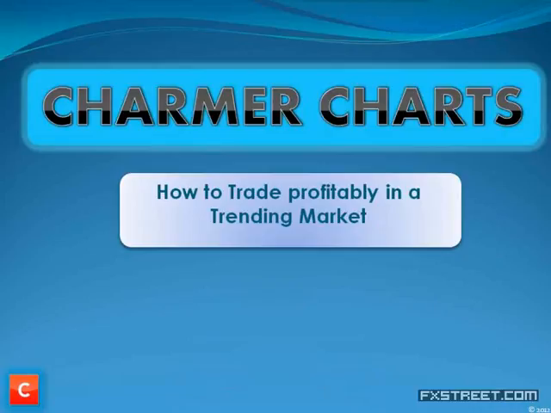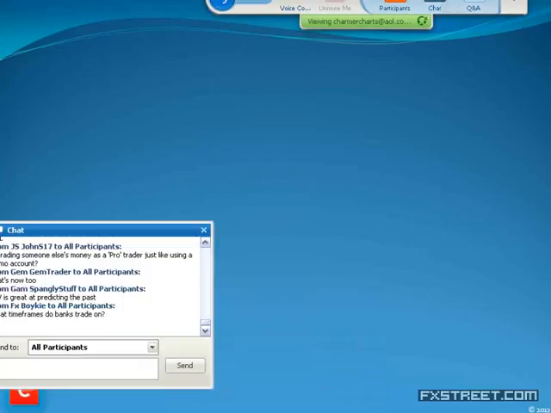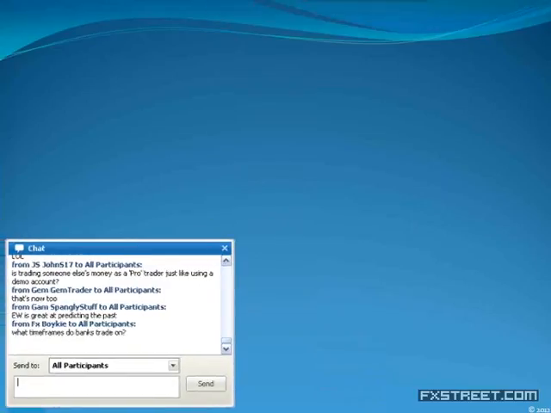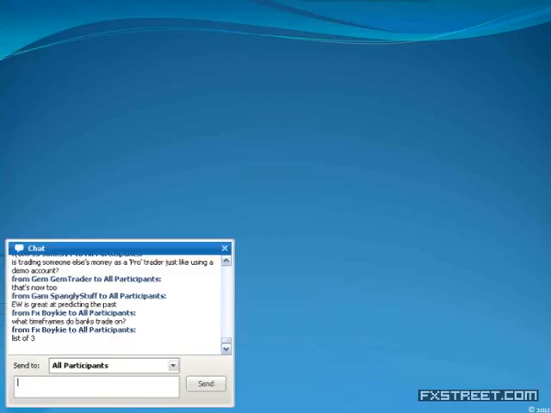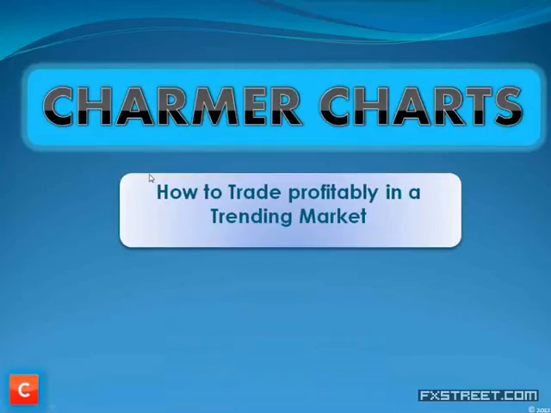What one did you want to look at? Up, down and sideways, wasn't it? I think it's probably number 2. Is that one? Can you see that? There you go.